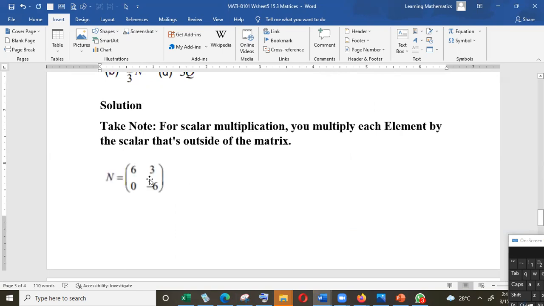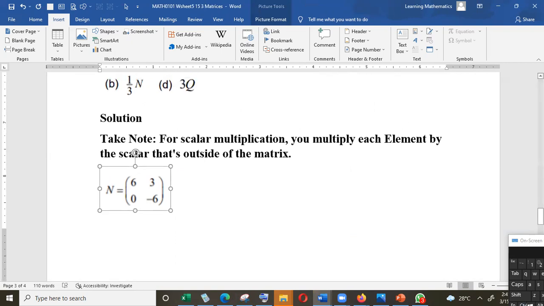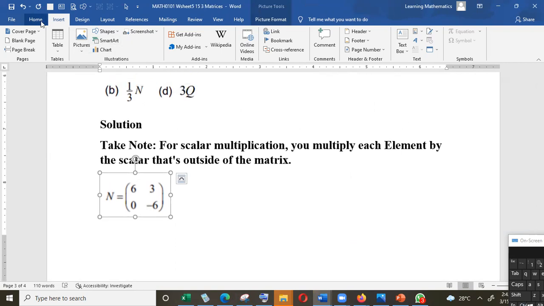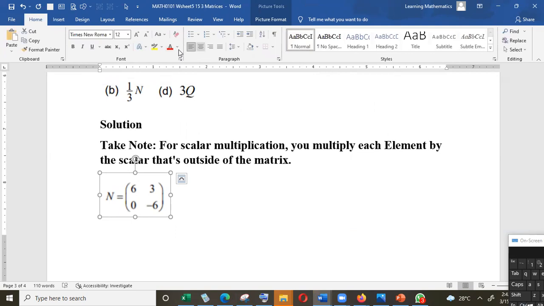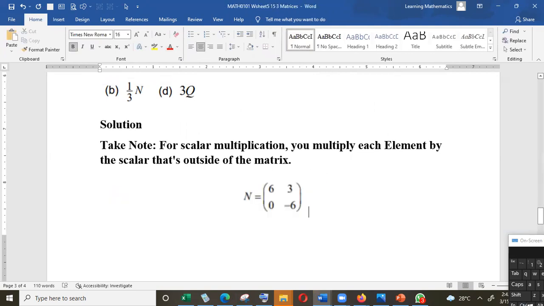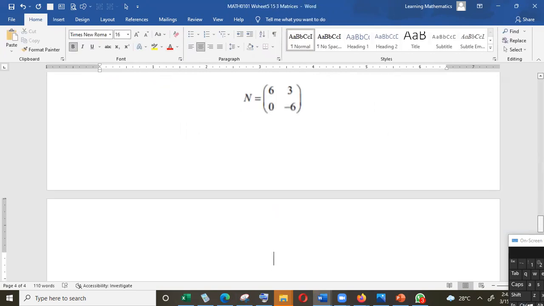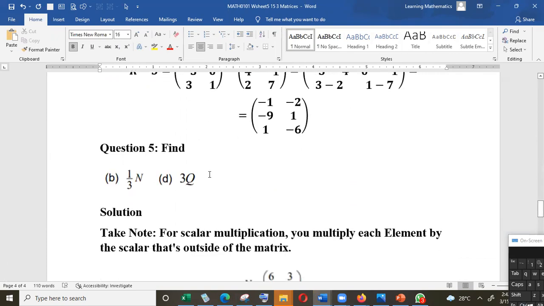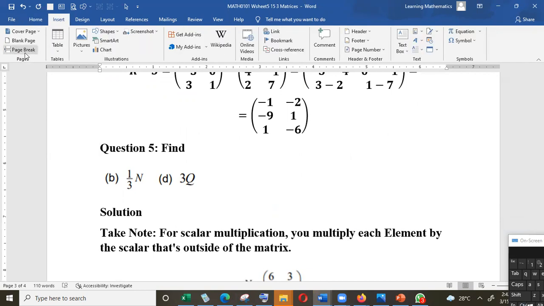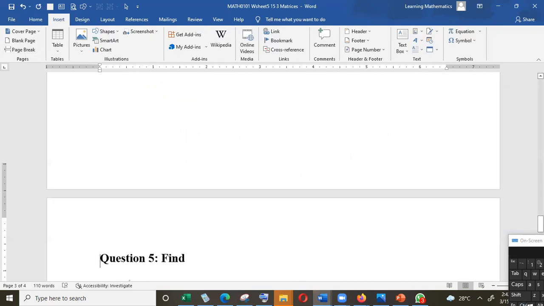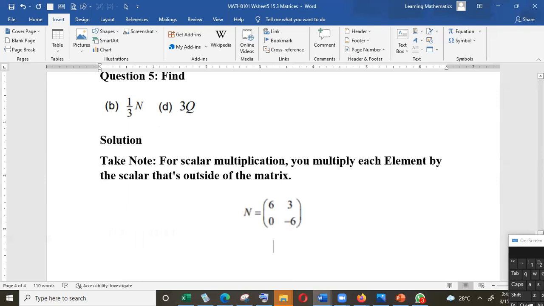So this is n right there. So in order to find a third times n, we need to multiply each element in n by a third.